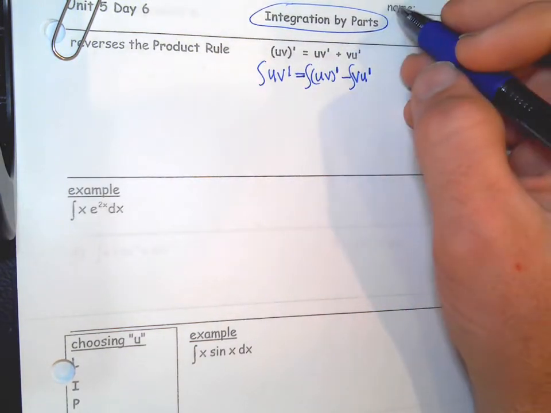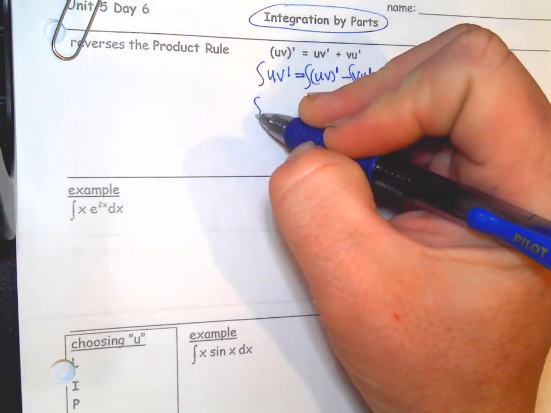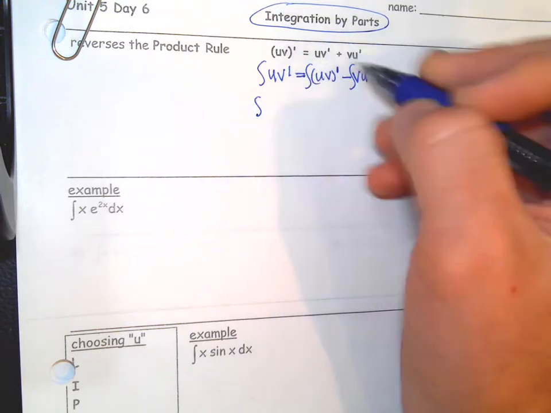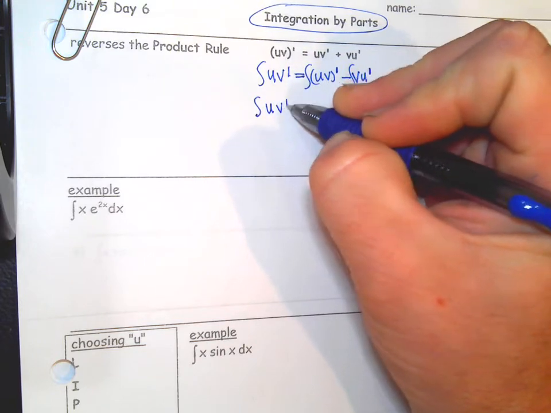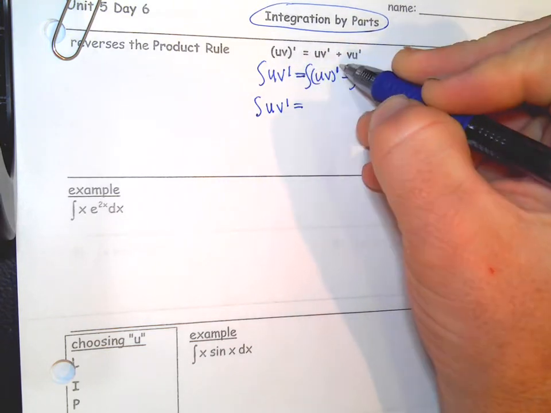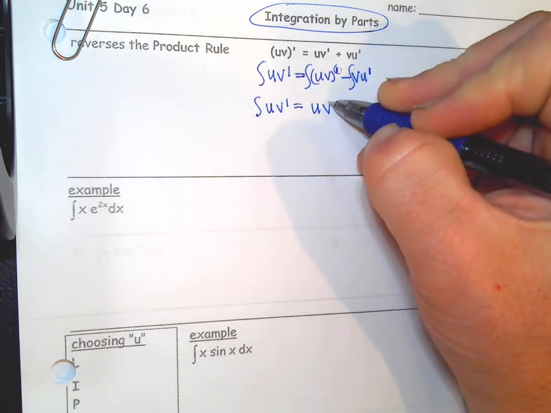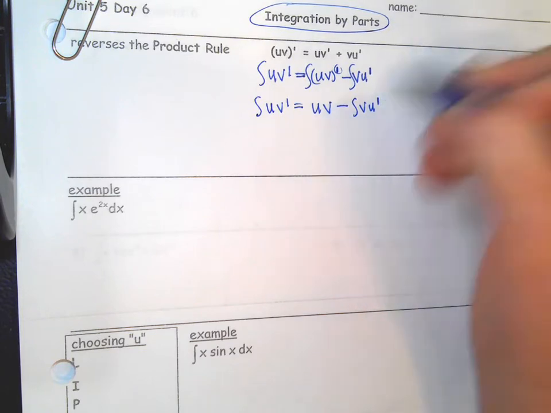So the integral of u v prime. Now, you're integrating the derivative right here, so they just cancel each other out and you just get uv, minus the integral of v u prime.